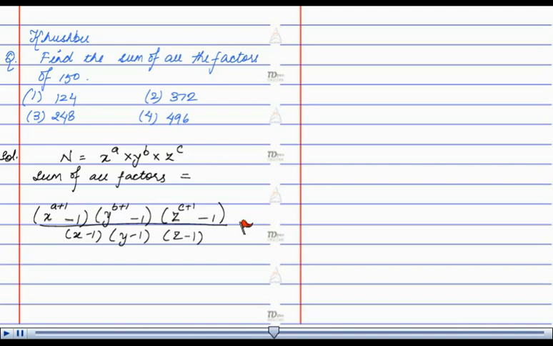In the question we have n as 150, which can be factorized as 2 to the power 1 into 3 to the power 1 into 5 square.